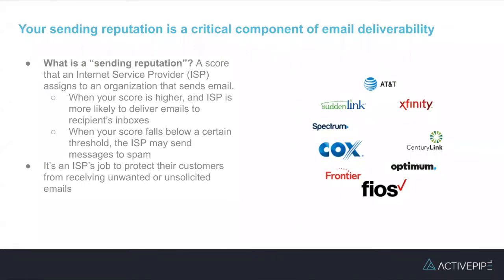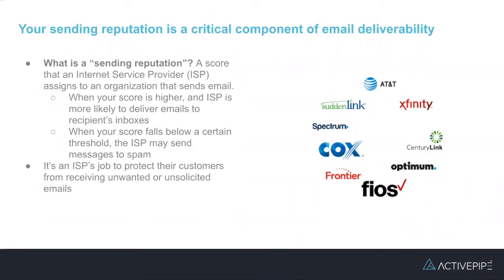The higher your sending reputation score is, the higher the likelihood that you're going to end up in an inbox and not in spam. And the lower your reputation score is, the more likely that you're going to end up in a spam inbox. So again, this is a really critical component of email deliverability. It's a score from 0 to 100, very similar to a credit score, but it's specifically for emailing.